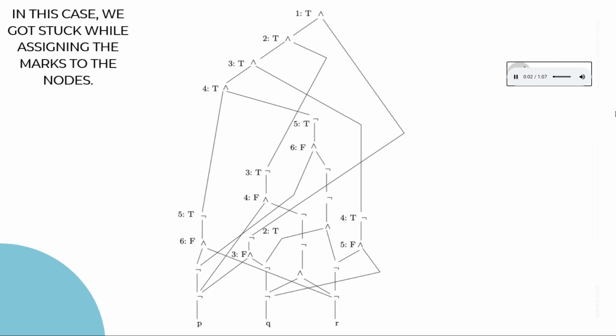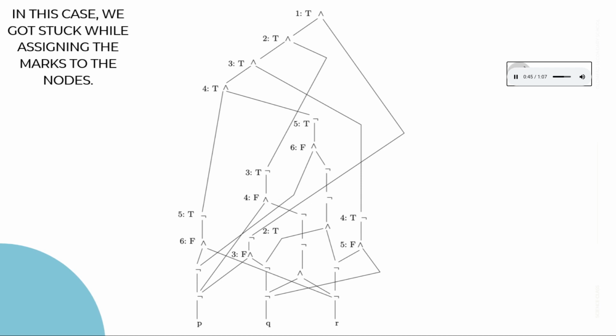We can observe that in this directed acyclic graph of the example, if we start from the top by marking the topmost node as true and then apply the rules of negation as well as conjunction that we studied earlier, moving from top to bottom, then on the leftmost arm of the graph, on the sixth timestamp, there is a conjunction node which is marked false, but none of its children are marked.